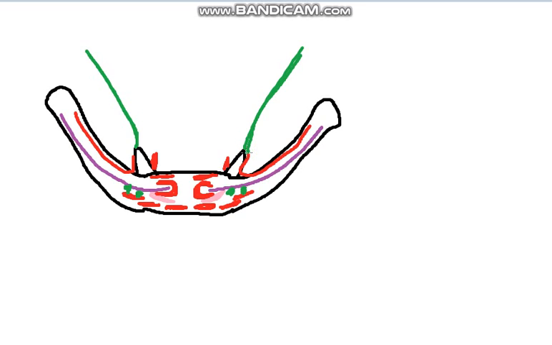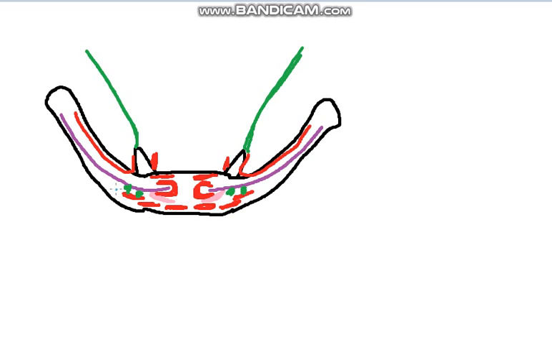Now we are left with a few interesting features, one of which is the attachment of the cervical fascia. Now these infrahyoid muscles, omohyoid, sternohyoid and thyrohyoid, are all covered by the pretracheal layer of the deep cervical fascia.